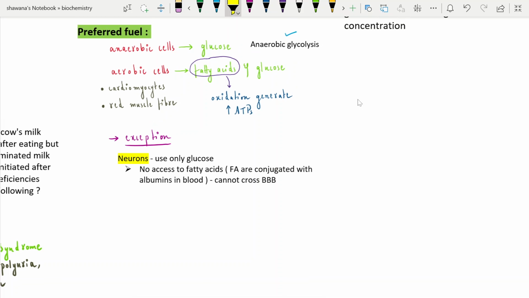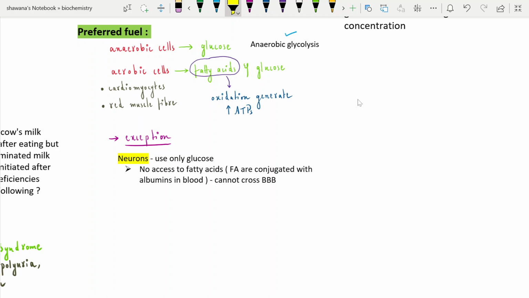Most of our cells in the body are aerobic: cardiomyocytes, our skeletal muscles, red muscle fibers, all of them are aerobic cells, with the exception of neurons, because neurons are very vulnerable to ischemia and hypoxia. So neurons can use only glucose for their ATP production.